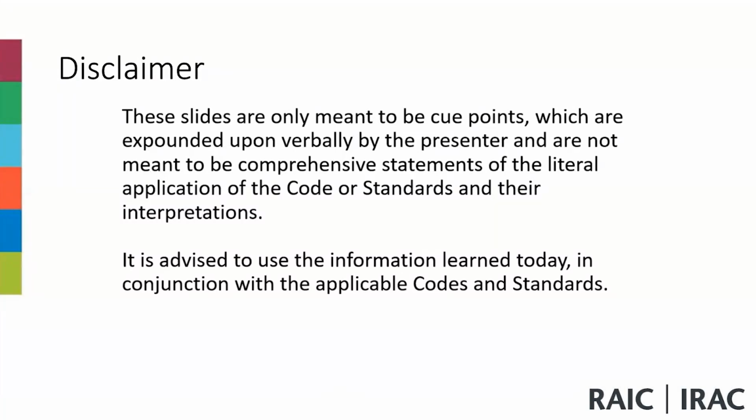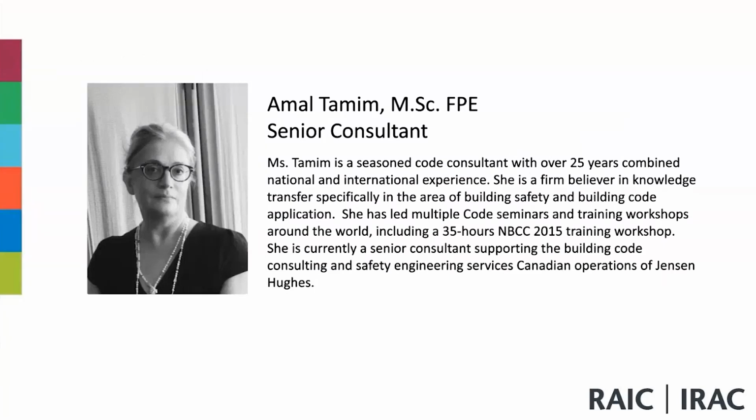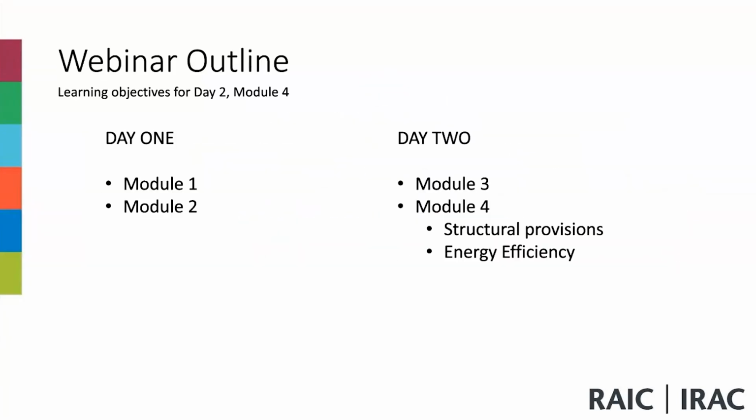So what you're learning today is to be used with applicable codes and standards, and it is information that helps you navigate Part 9 of the 2015 National Building Code.